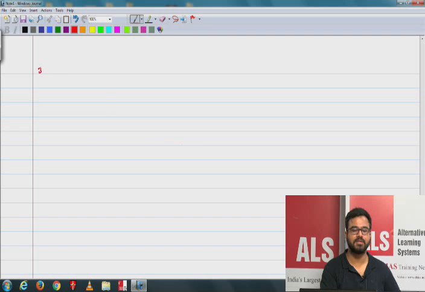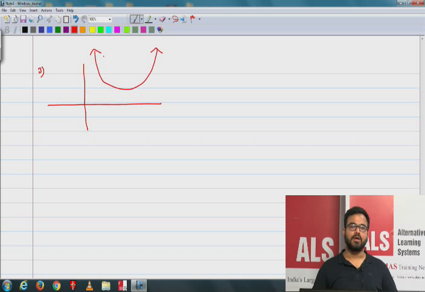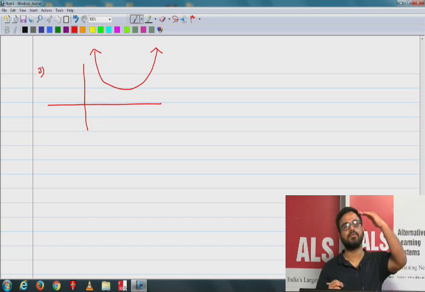The case number 3 of the quadratic one we can take, like this is the graph. Now in this graph which I have drawn, you can see it is neither touching the x-axis nor intersecting the x-axis. It is above the x-axis.